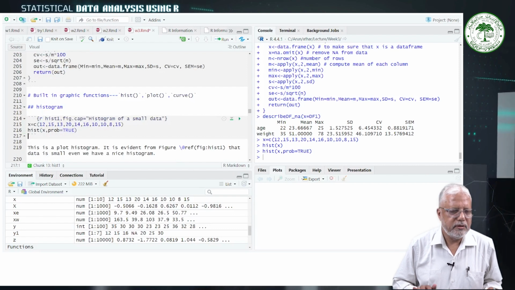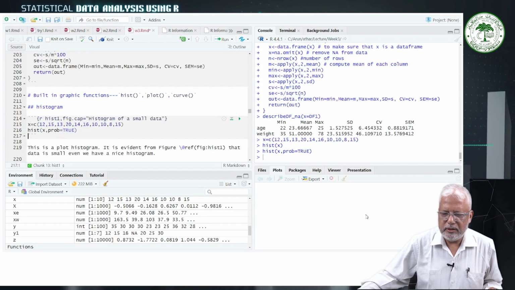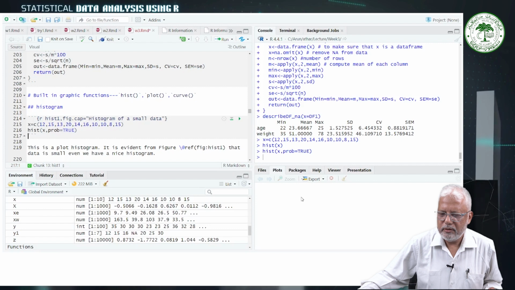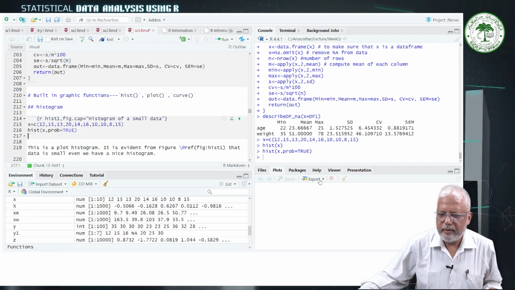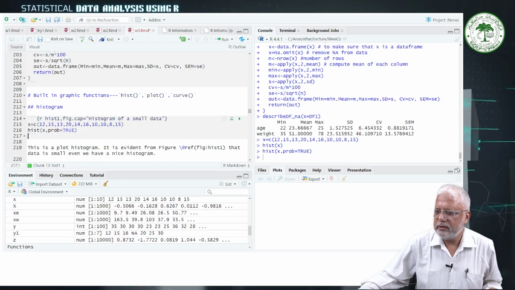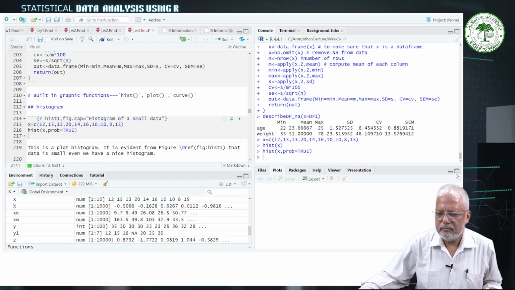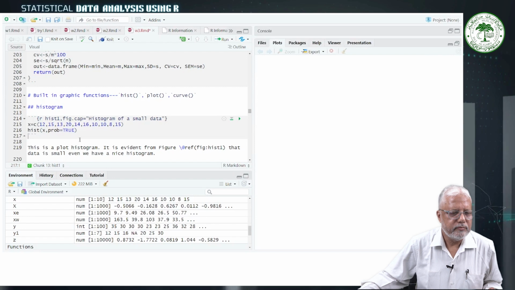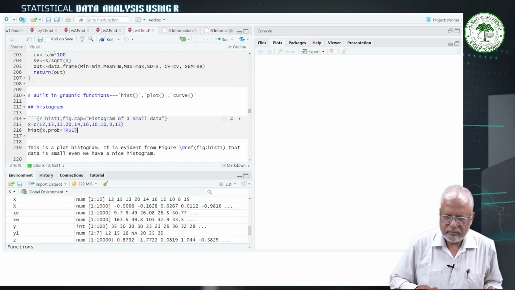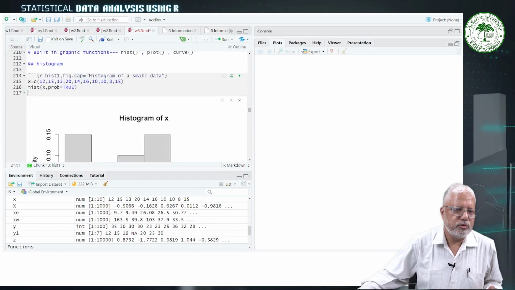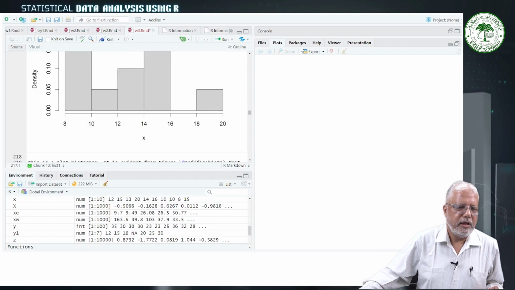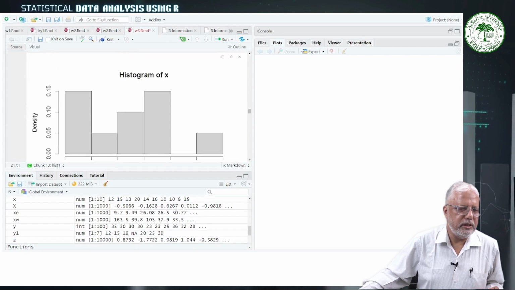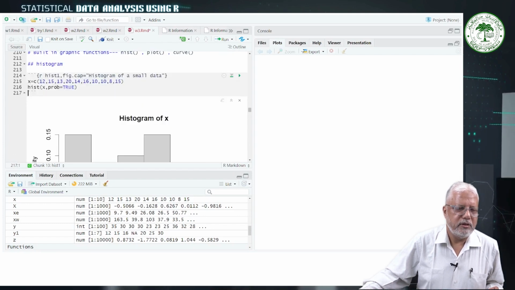So here we are getting the graphic, and here it is density, not frequency.